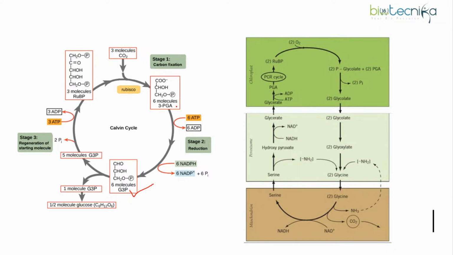This 3 PGA gets converted to six molecules of G3P. There is a two-step process here, comprising the reduction process where 6 ATP and 6 NADPH are utilized. Now, where are we getting this 6 ATP and 6 NADPH?